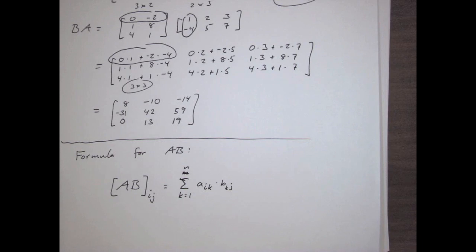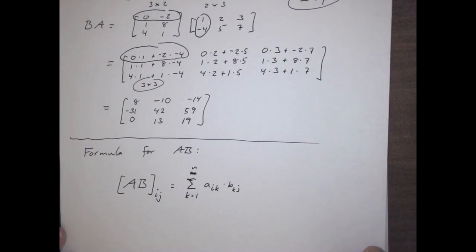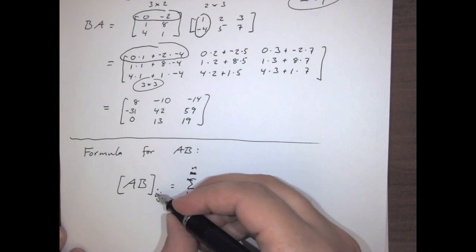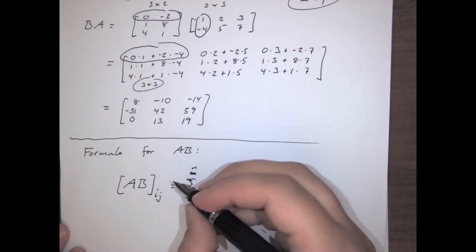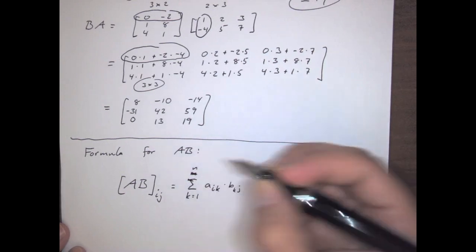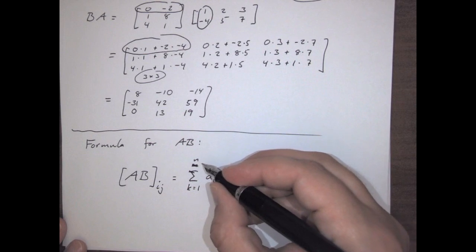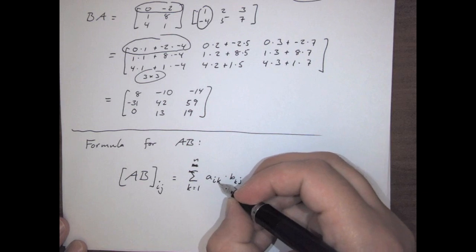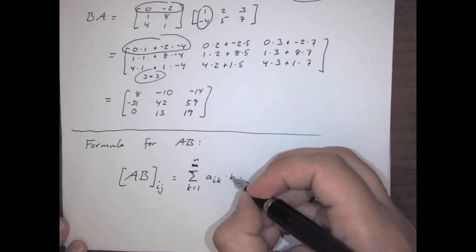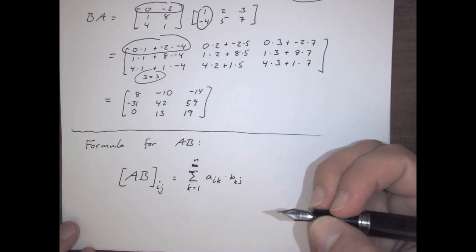What this would be is actually a for loop, and essentially, actually it'd be like a triple for loop, so it'd be for I from 1 to m, for J from 1 to P, and then there would be for K from 1 to N, we would do entry IK from A times entry KJ for B.